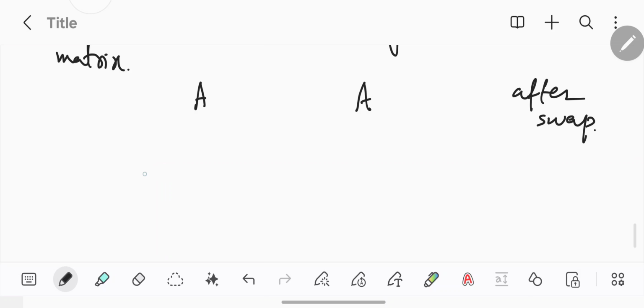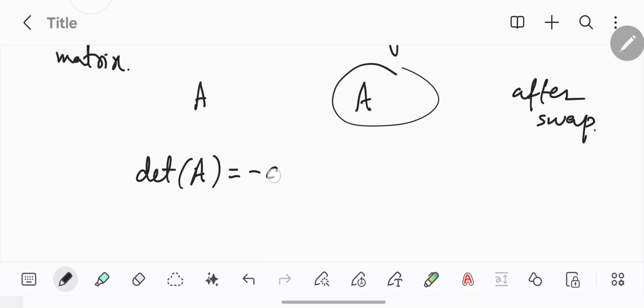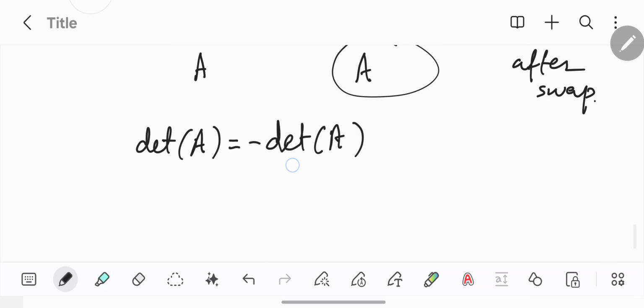But the previous rule says if I find the determinant of A and the determinant of A after swapping, I will get the negative. Since the matrix is the same, only swapped, by the previous rule I will get the negative.